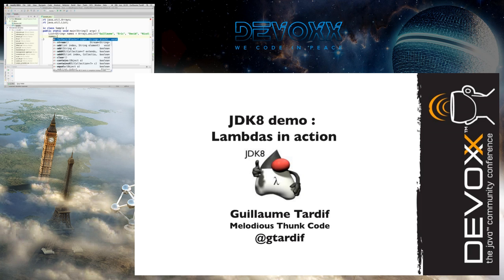That's a new method that you can call on the JDK8 collections. And this is where we can use Lambda. Instead of creating inner classes and stuff like that, you can directly specify your block of code using a Lambda expression. So for each element of the list, I'm going to do just a println.